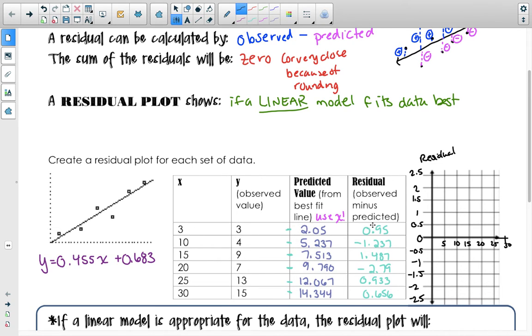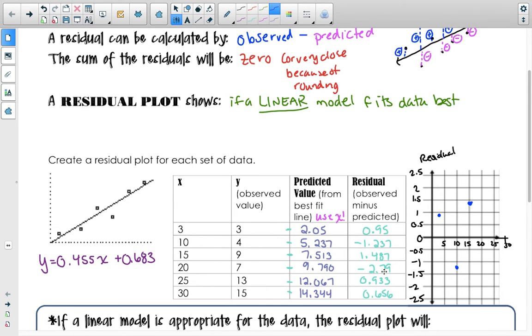At 5, I'm going to have my residual at 95 hundredths. So my residual will go at around 5 and 95 hundredths, roughly here. Then at 10, it's going to be at negative 1.237, roughly here. At 15, it'll be at 1.487, so almost 1.5.